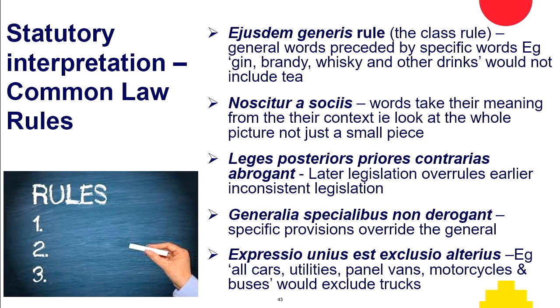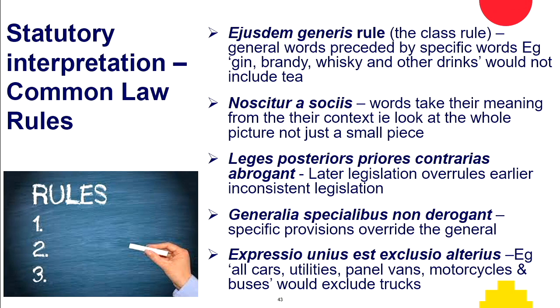Might be an example of when we might see that. It's also important that if something is very specific, those specific provisions will override any general provisions. So if you've been very specific in a contract in terms of certain things, and then all of a sudden you start being general, the courts will be like, oh, it's specific, we're going to interpret with focus on what you brought earlier.